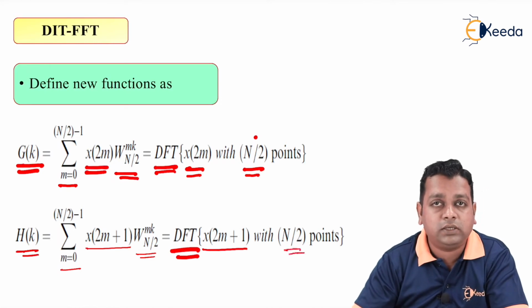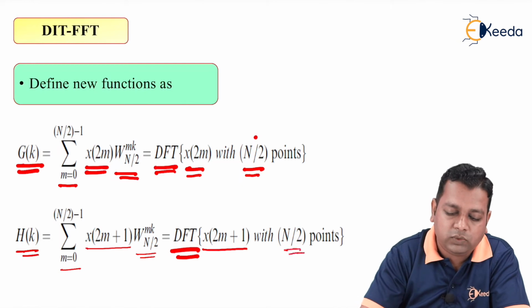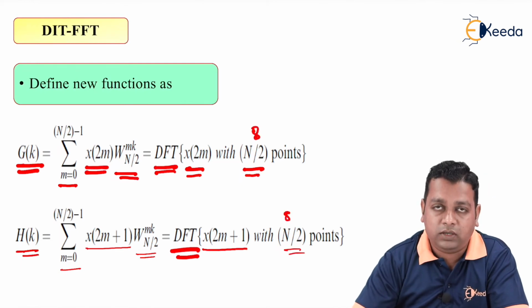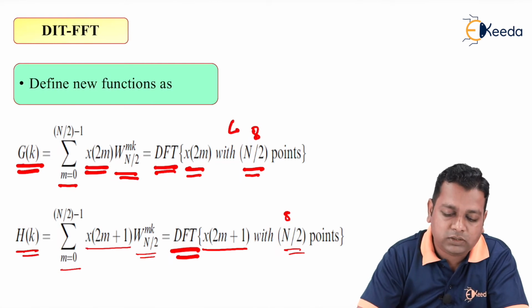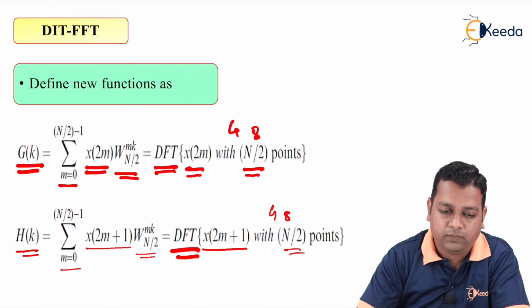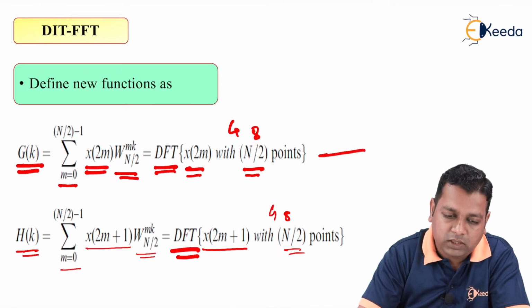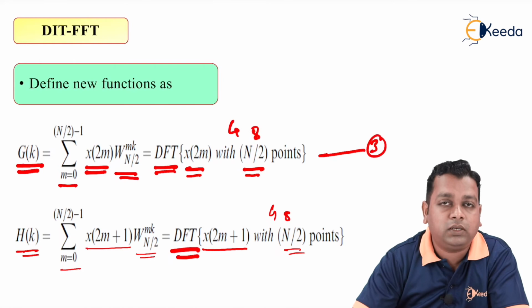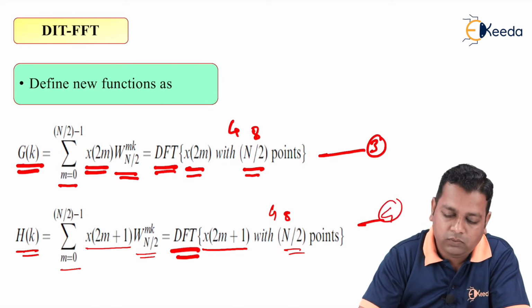So for a total 16-point DFT, this will be one 8-point DFT and another 8-point DFT, or if it is an 8-point DFT, this will be two 4-point DFTs. This way we have to split it up. The next equation numbers can be given as equation number 3 and equation number 4.